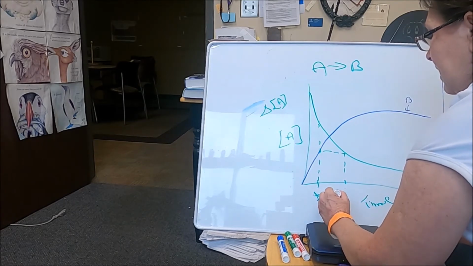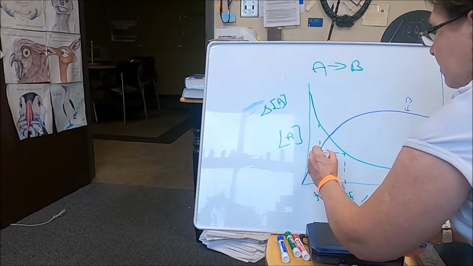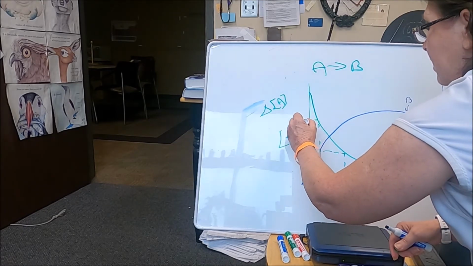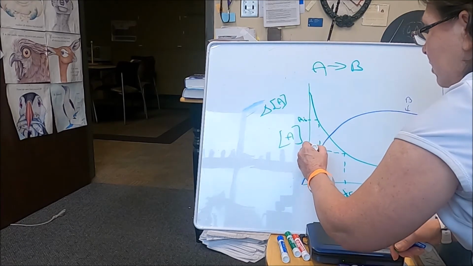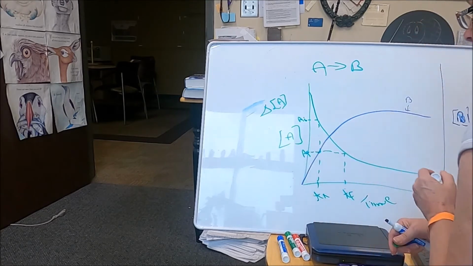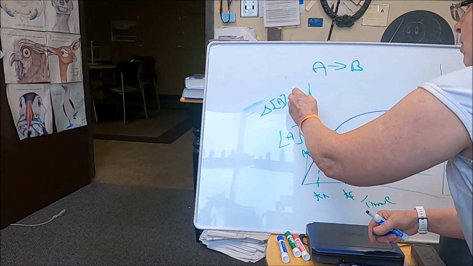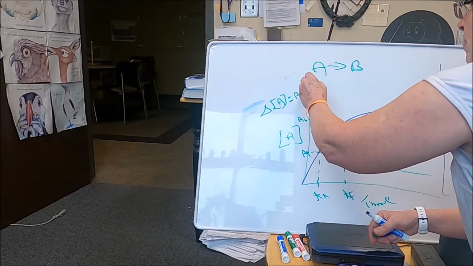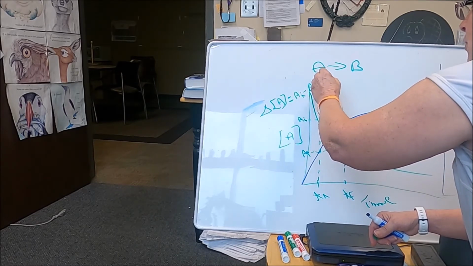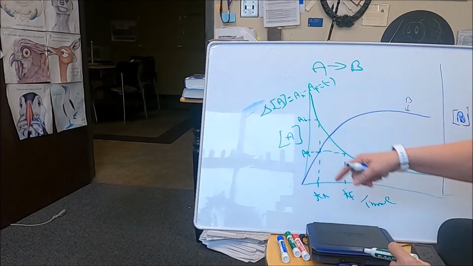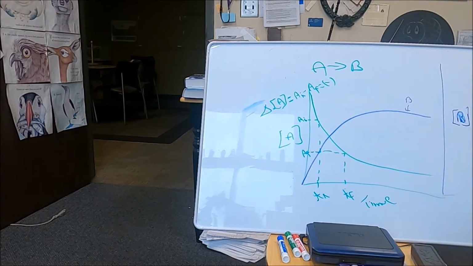This should be T initial, T final, and this would be A initial, A final. Okay? So if I looked at delta A here, A initial minus A final, I'm going to get a negative value because A final is lower than A initial.